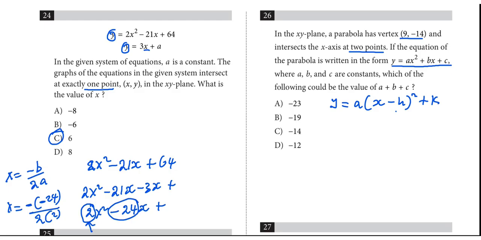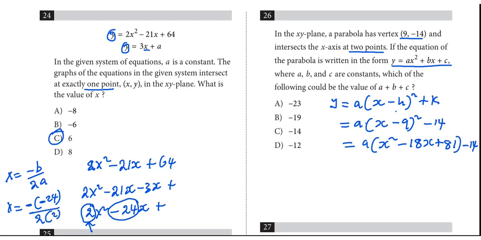Now h is 9 and k is -14, so we can substitute them into this, which will now become x minus 9 squared, and then since k is -14, we simply need to write this as -14 here. So we are going to expand x minus 9 squared, so this will become x squared minus 18x plus 81 minus 14.